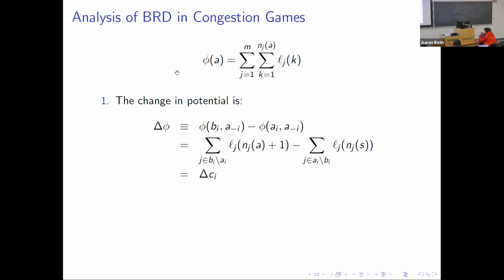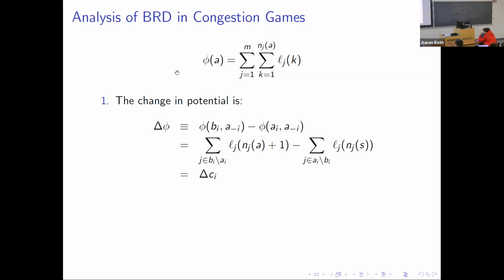And so we have the whole sum that we had before plus one additional term. What's that one additional term? It's the load on the facility when nj of A plus 1 people are on it, because that's the extra term that's added to this sum when we increment the number of people playing on the facility by 1.